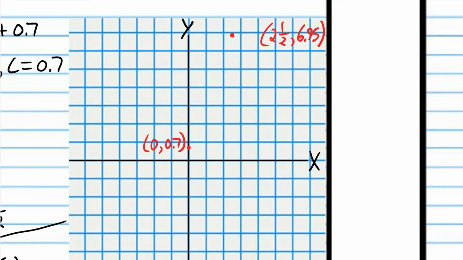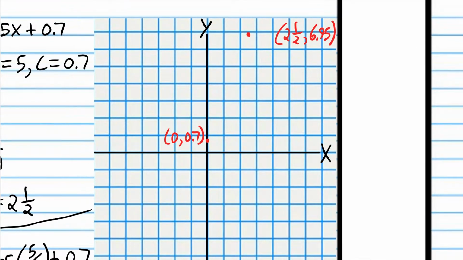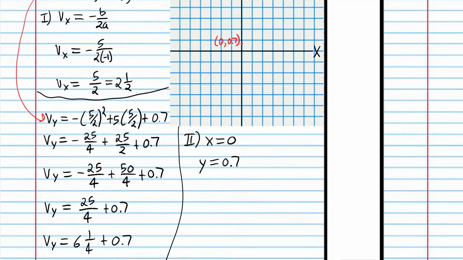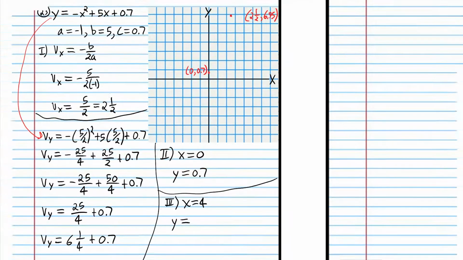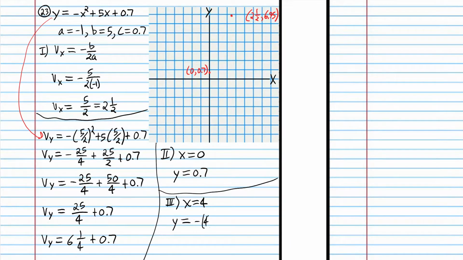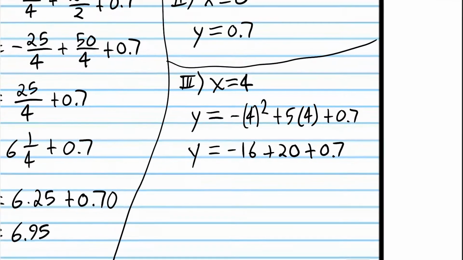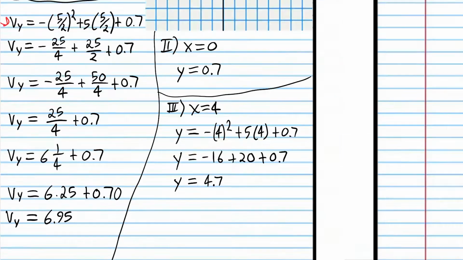And it's going to be hard to use symmetry, so I'm just going to plug in 4 for x for the next point. So if x equals 4, y is equal to negative 4 squared, negative 16 plus 20 plus 0.7. Negative 16 plus 20 is 4, and then we have 4.7.